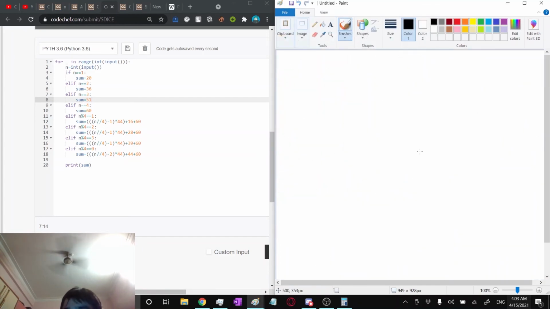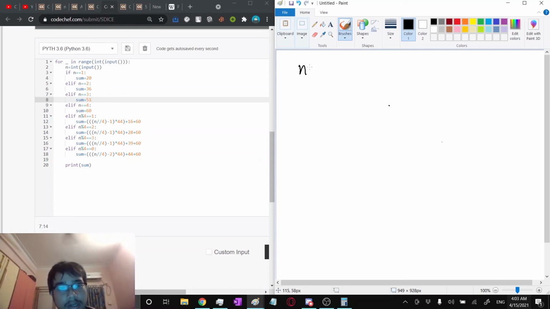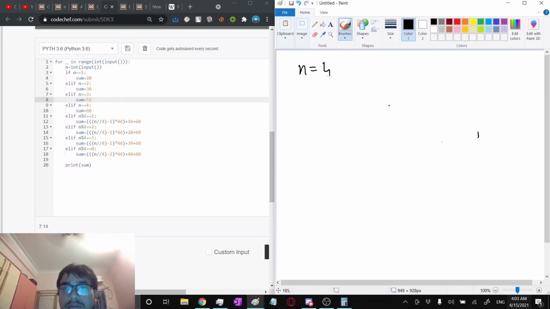Let's make a new pane to show what is going on. If you understood already, then you can probably end the video and move on to the next video. If you haven't understood it yet, then I'm explaining more. For n equal to 4, sum equal to 16.